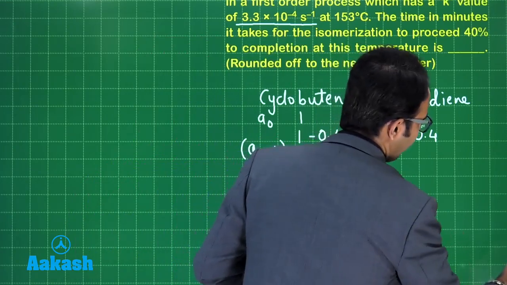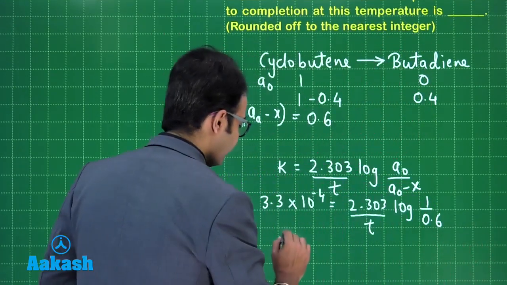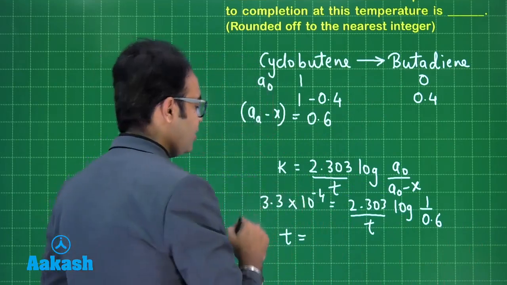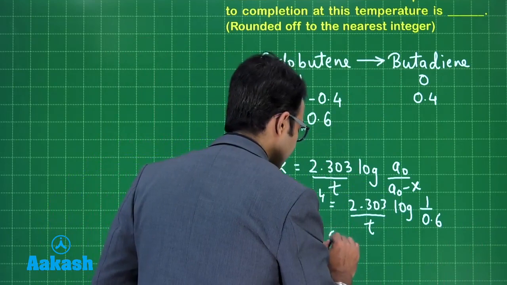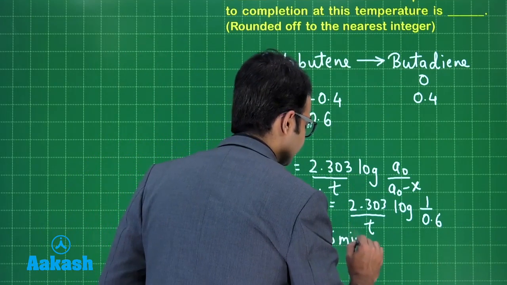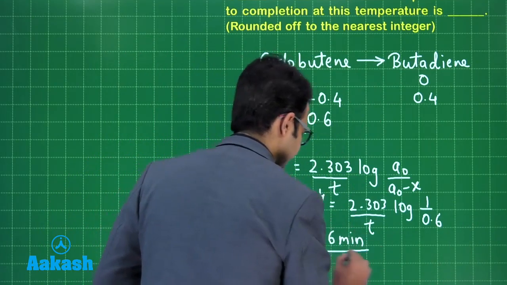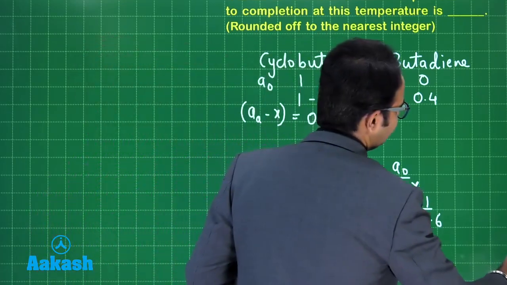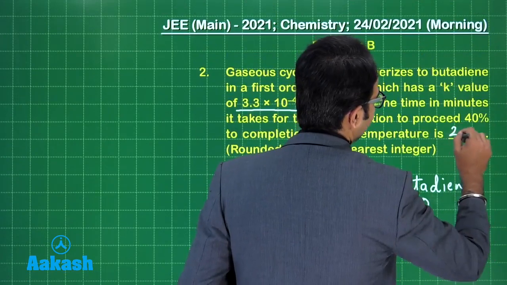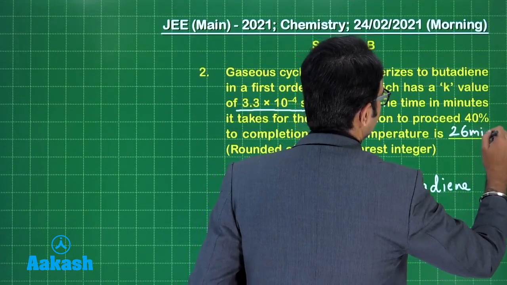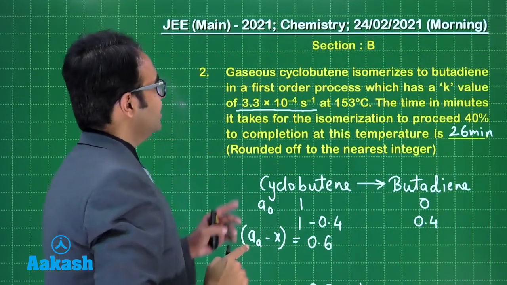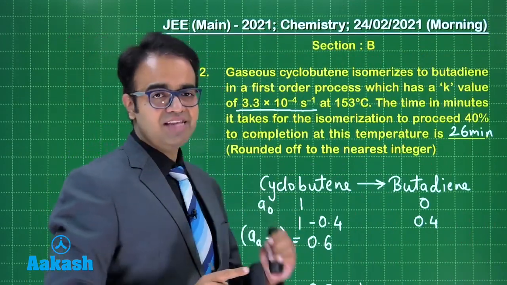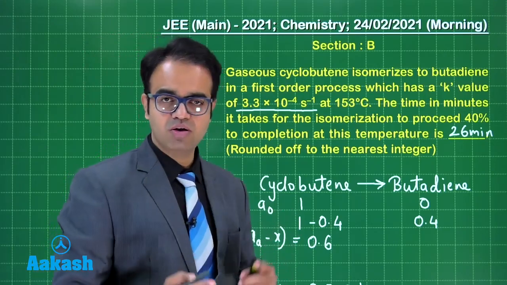As we solve this, we will get the value of t, and the value of t will be 26 minutes. I hope you have got this. So that's your final answer, 26 minutes. What you have to take care of is, this value is given in seconds. You will get the answer in seconds and then you have to convert it to minutes.